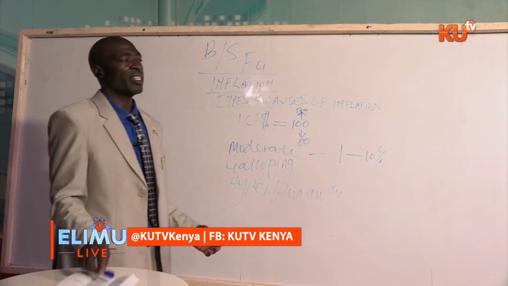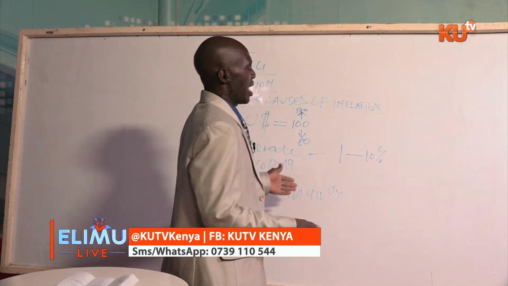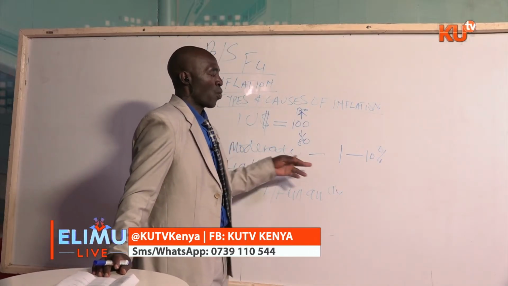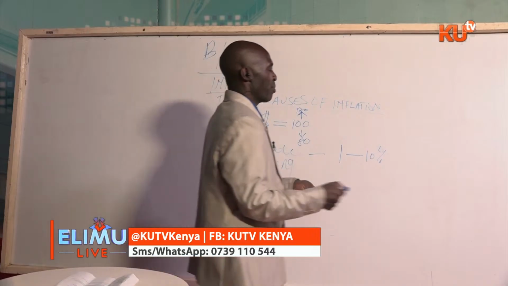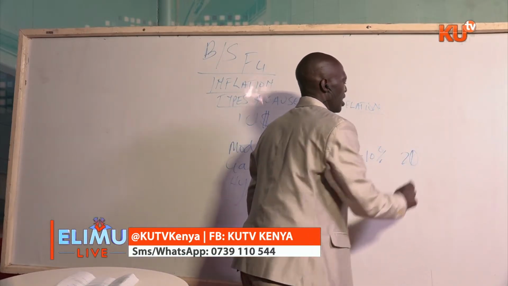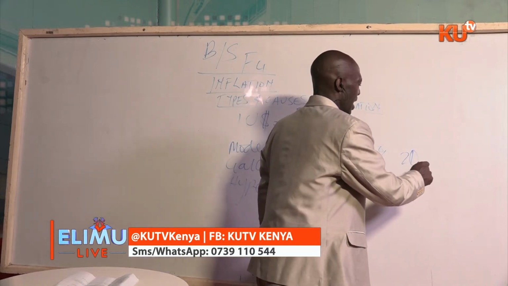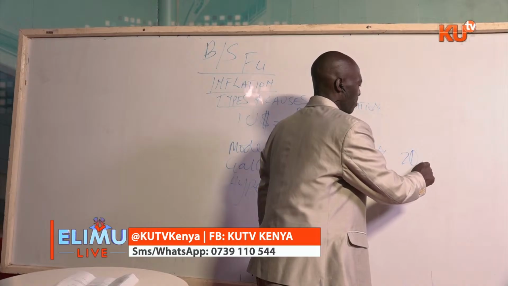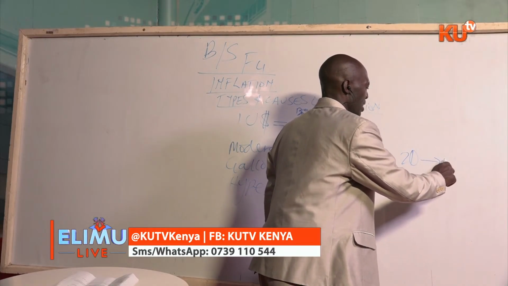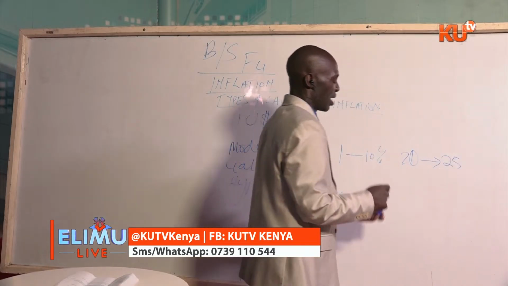For example, if a buyer took goods on credit when the price of a particular product was 20, then at a particular period of time, he is going to pay when this particular product has risen to 25 shillings.